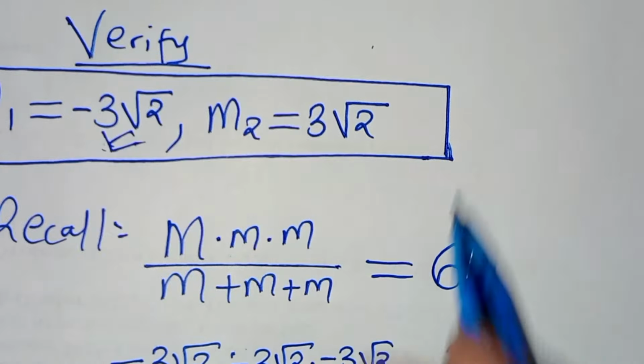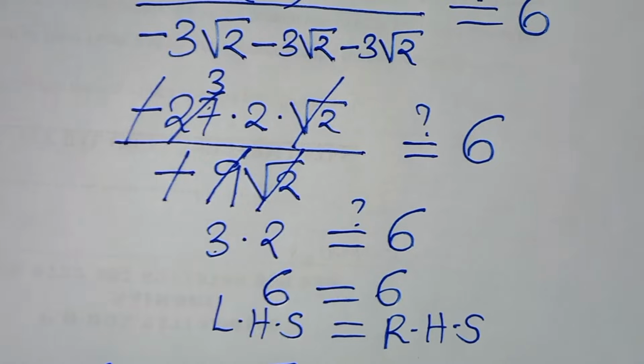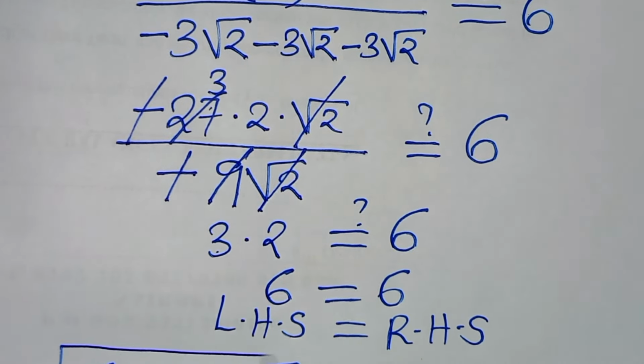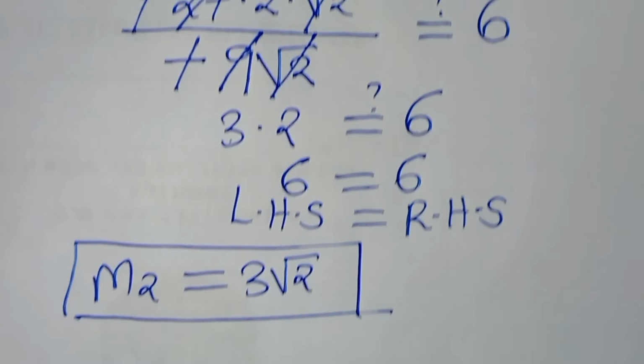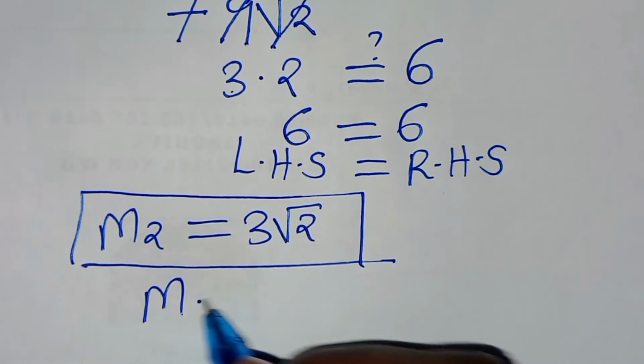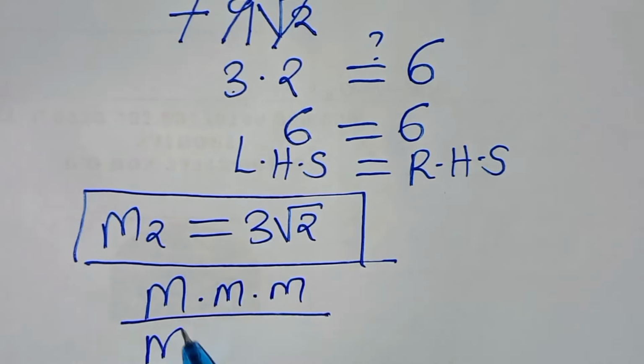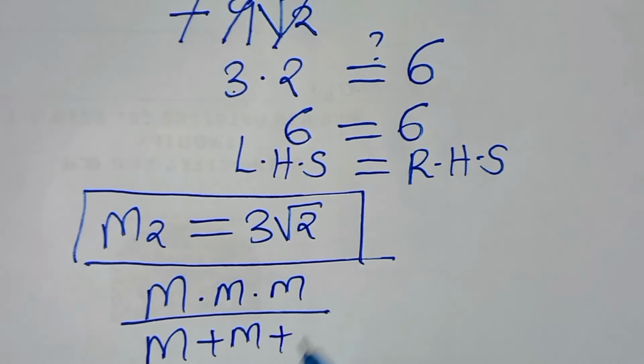Let's check m2, which is 3 square root of 2. Now, again here, we have m times m times m divided by m plus m plus m.